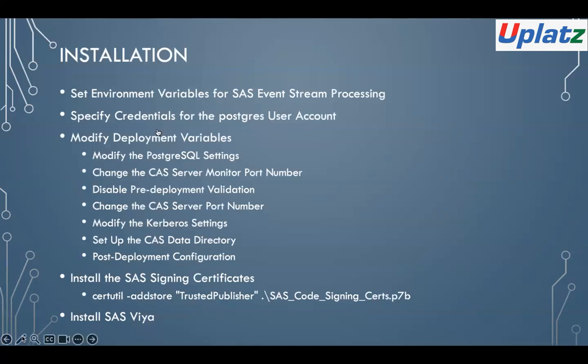I'm sorry, this option has come up here. Let me quickly update. Okay, you can ignore this one. This is already discussed. So I want to specify credentials for your CAS user account.